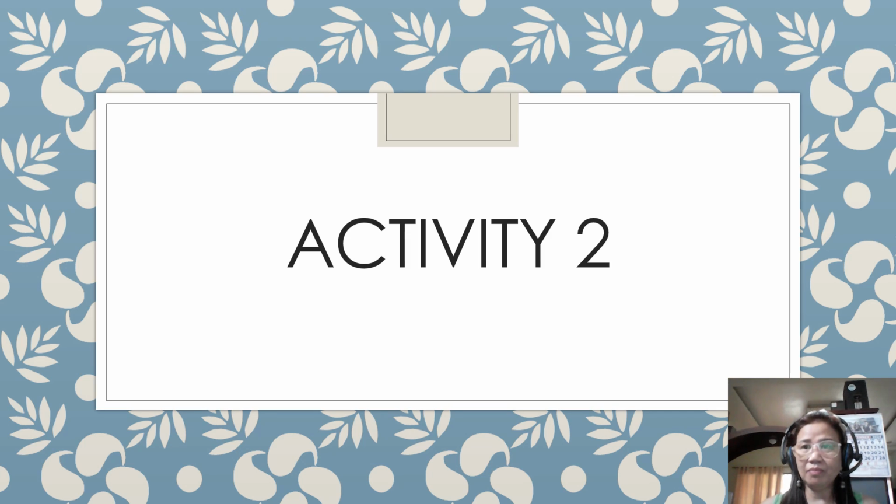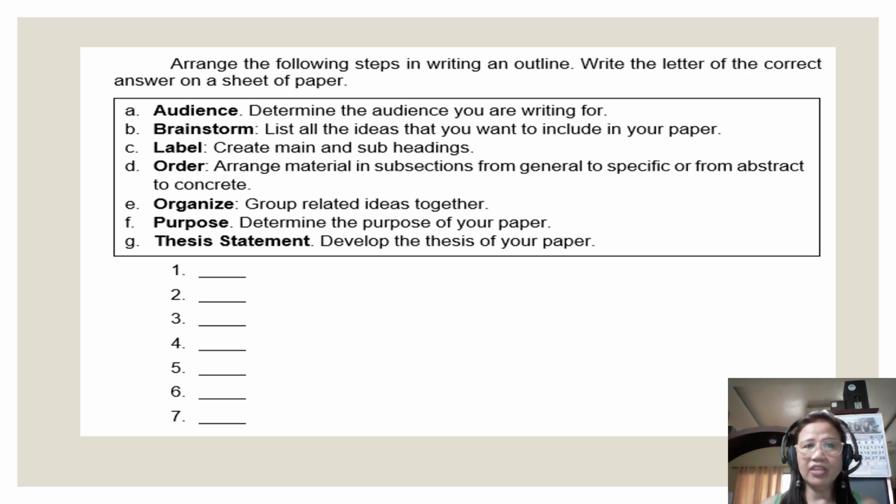For activity number 2, this is an example of an outline. What you will do is arrange the following steps in writing an outline. Write the letter of the correct answer on a sheet of paper or in your notebook. So which do you think comes first?